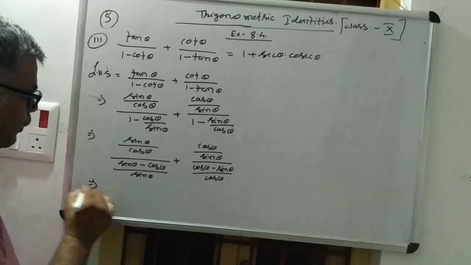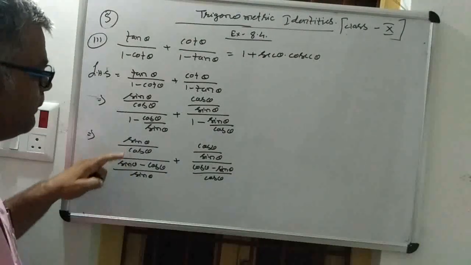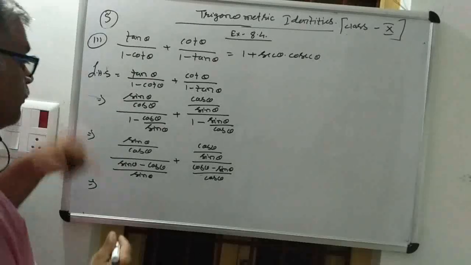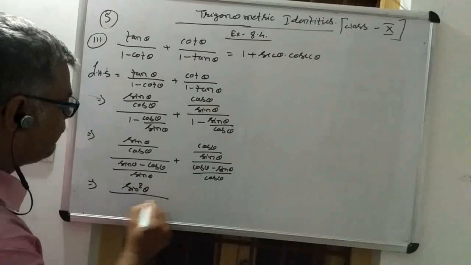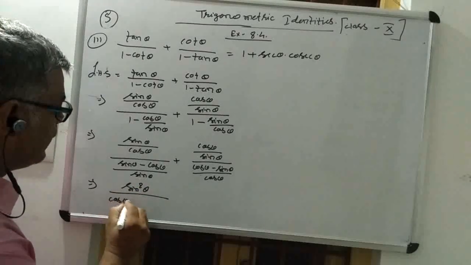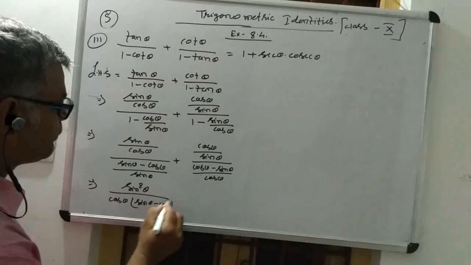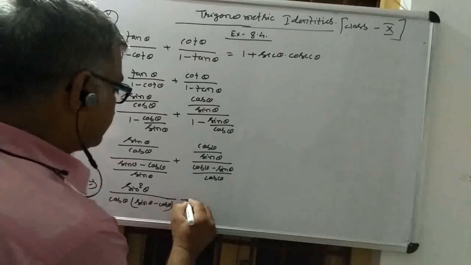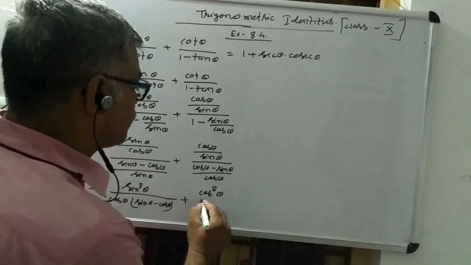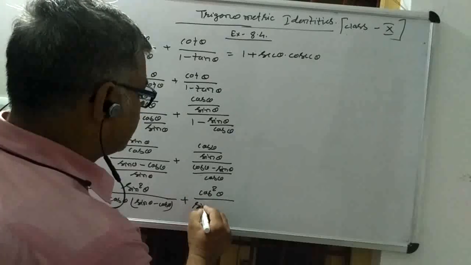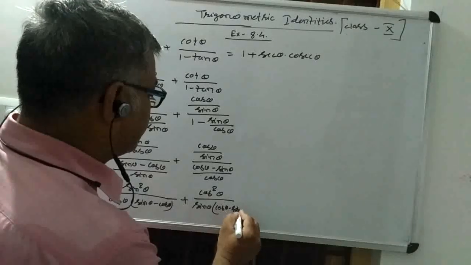Now as you know, the first term is multiplied with the fourth term and the second term is multiplied with the third term. So multiplying, we can write sin squared theta by cos theta into (sin theta minus cos theta), plus again cos squared theta by sin theta into (cos theta minus sin theta).